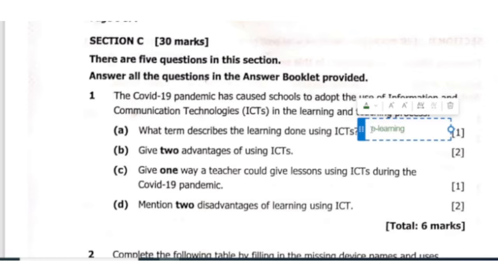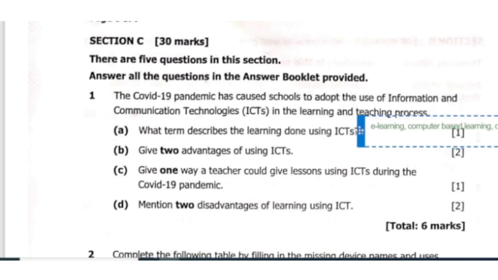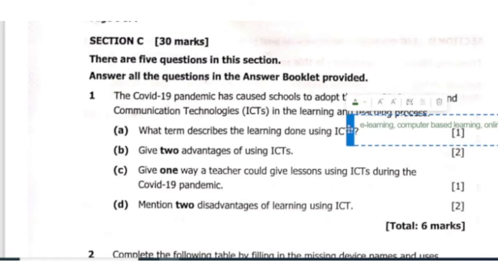We can also call it, or better still, online learning. Okay, so these are the three words you can use to refer to learning using ICT. You can call it e-learning or computer-based learning, or we can still call it online learning.